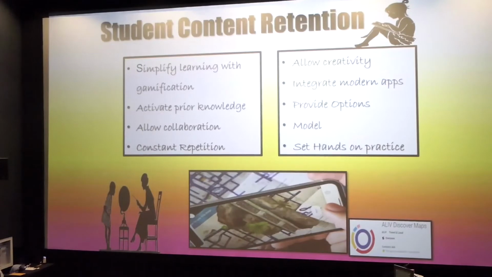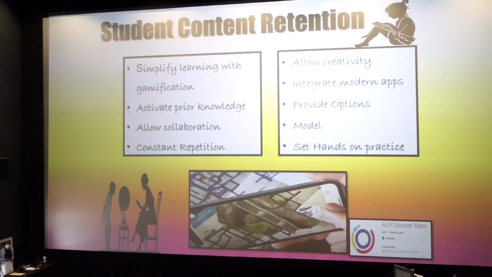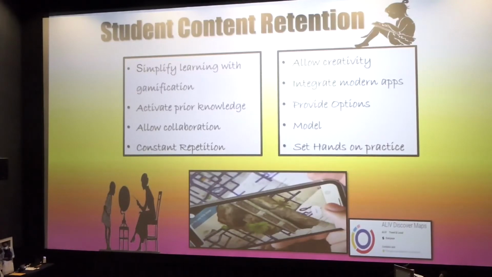I took this with a twist, and I used the Alive Discover app. If you never heard of it, go to the Google store, download it. It is remarkable. Simply download the maps they have available, and the students can use their tablets, any device, a cell phone, whatever they're on, and slide their phone over the map using the same app, and different parts of our country, important historic places, anything you want to focus on, it becomes a 3D representation.